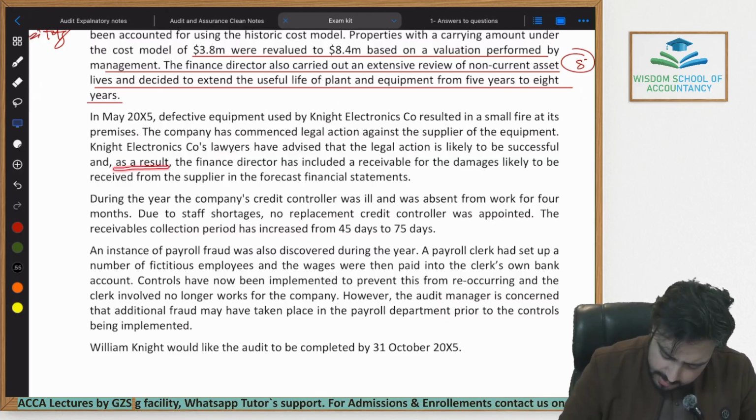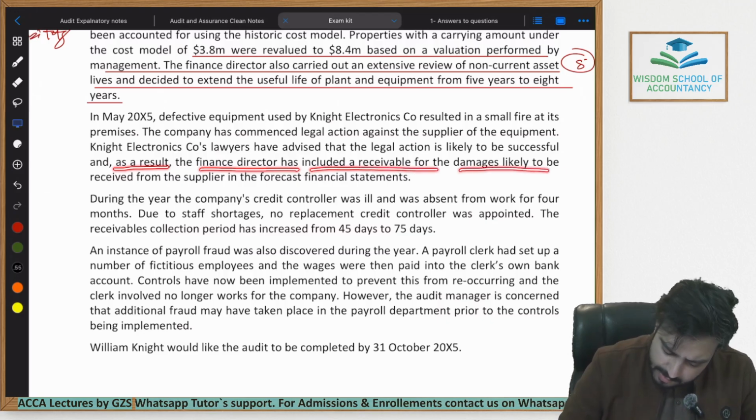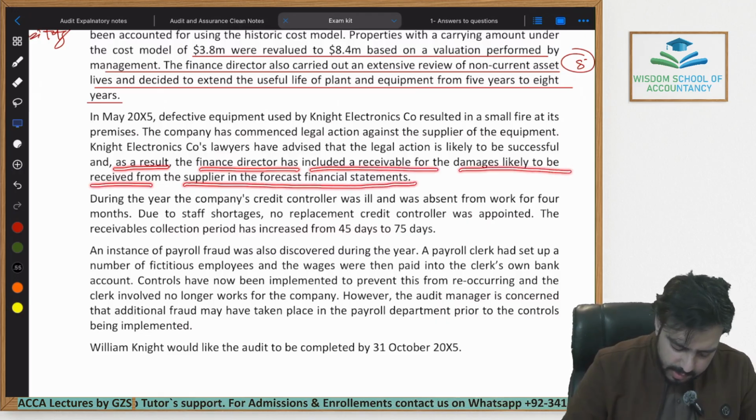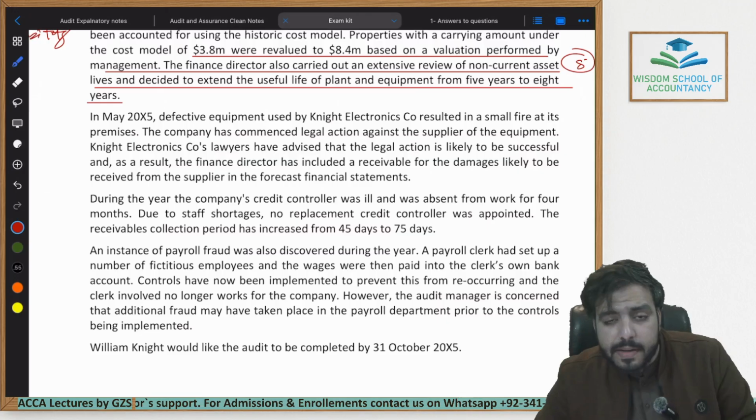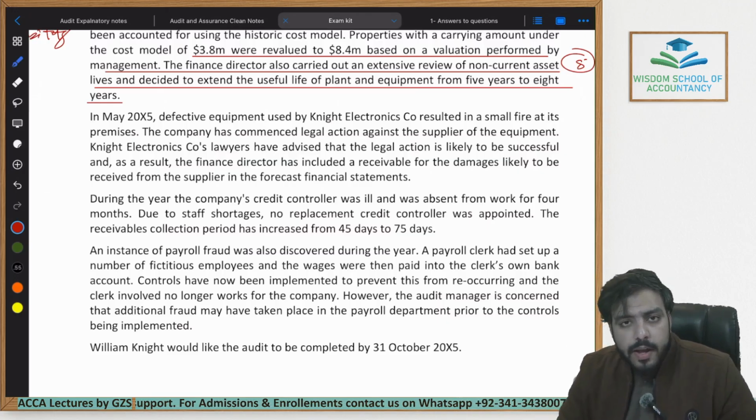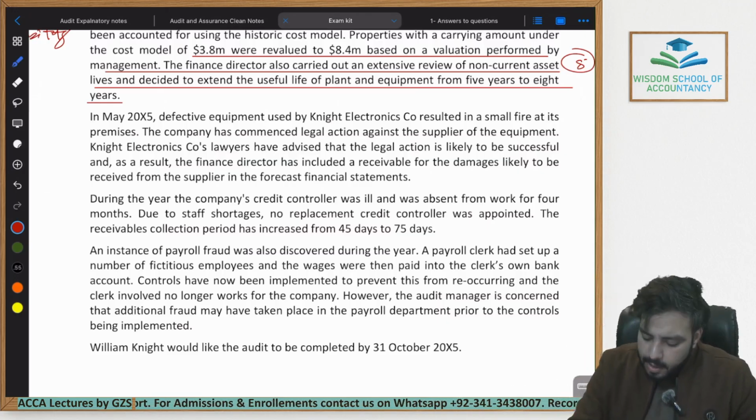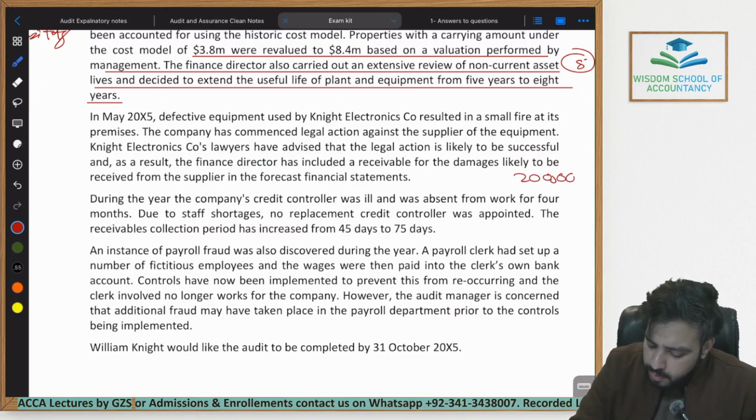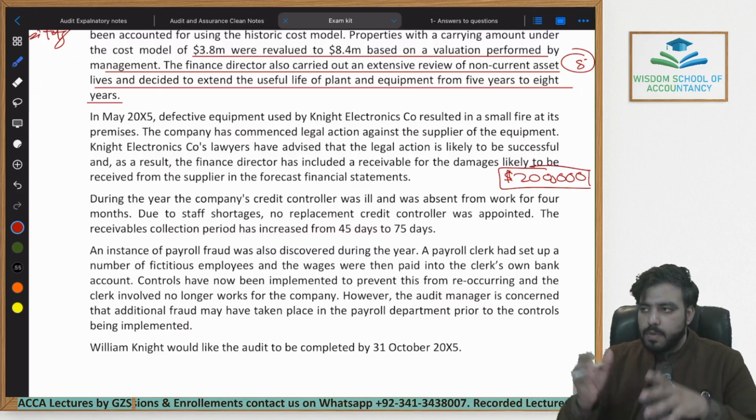And as a result, the finance director has included a receivable for the damages likely to be received from the supplier in the forecast financial statement. So basically what has happened is that due to this fire, we had a lot of damage. Let's say a total of $200,000 worth of damage occurred. We lost our machines, we lost some of the people, we lost some premises.